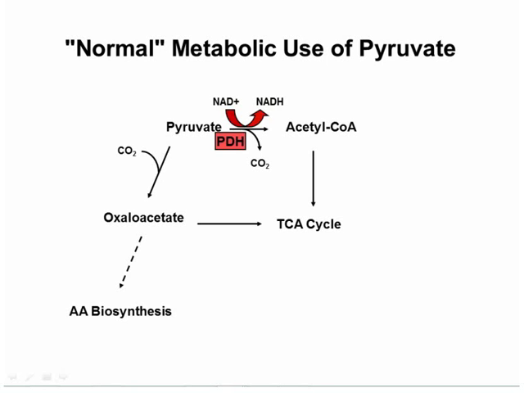So often this is going to be converted to acetyl coenzyme A. So this will be used in lipid fatty acid synthesis, pyruvate dehydrogenase, giving us even more NADH and kicking out carbon dioxide. So this becomes 2 carbon here. Pyruvate can also be carboxylated to oxaloacetate, and this is important for the synthesis of many amino acids.